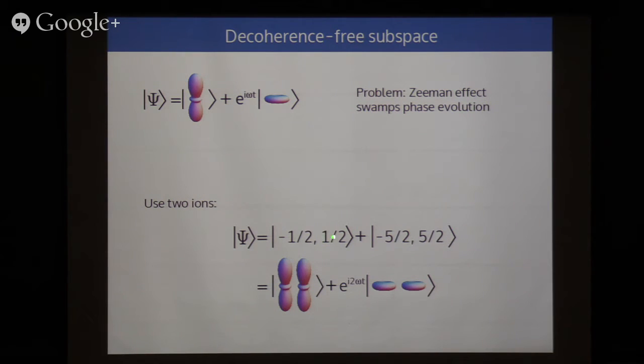But you can see here, if you add those magnetic quantum numbers, they add up to 0, and these also add up to 0. In other words, the effective magnetic moment of this part of the superposition is 0, and the effective magnetic moment of this part of the superposition is 0. What that means is, if I change the magnetic field, the relative energy of the two states is not changed.